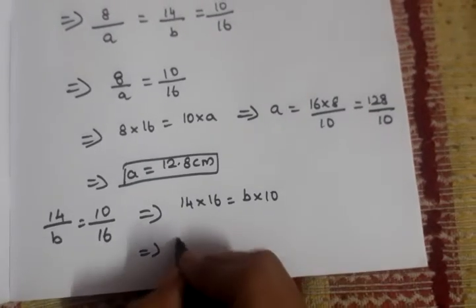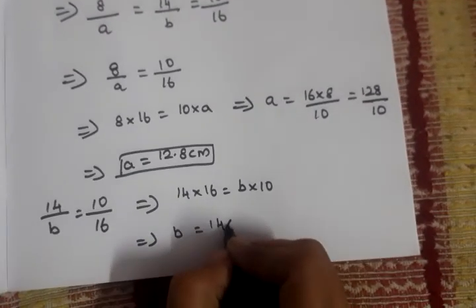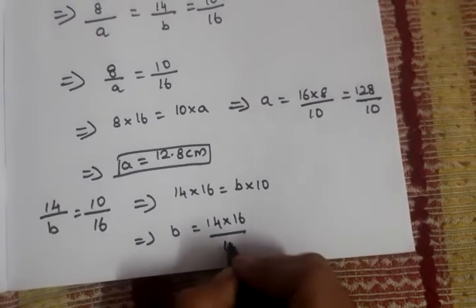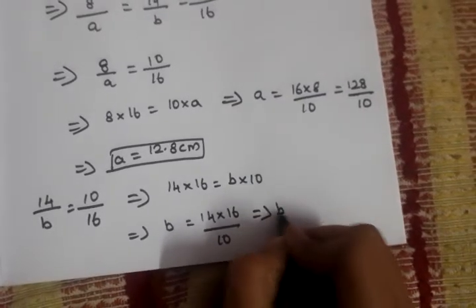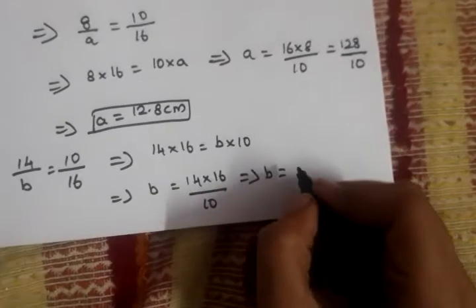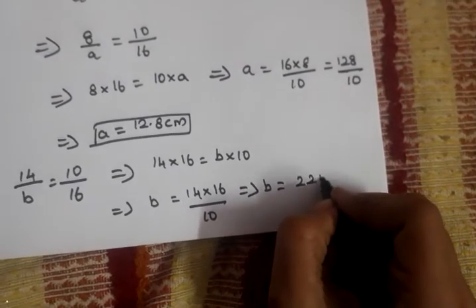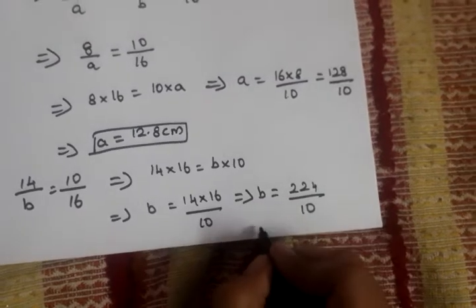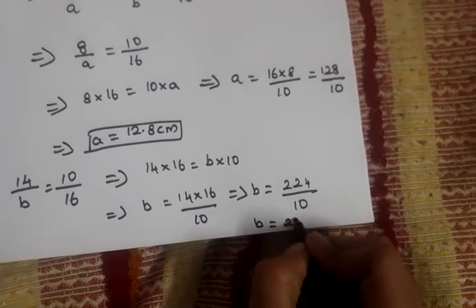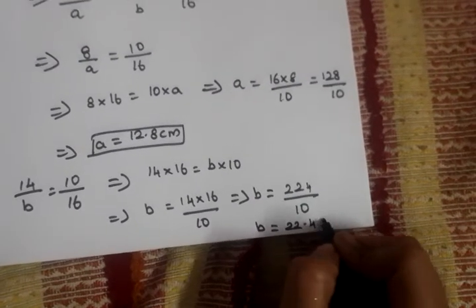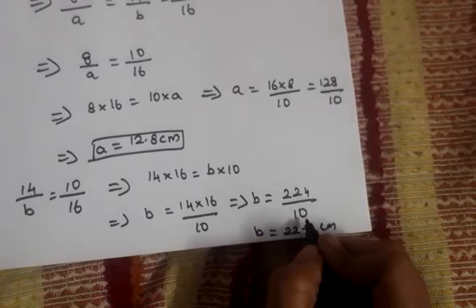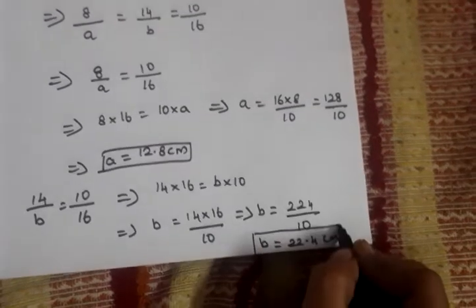That implies B equals 14 into 16 by 10. That implies B equals 14 16s are 224 divided by 10. B equals 22.4 centimeter. 10 having 1 decimal point. Okay.